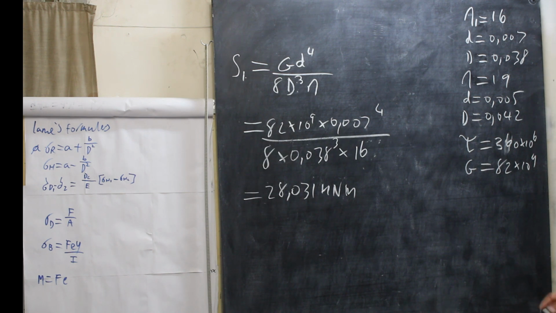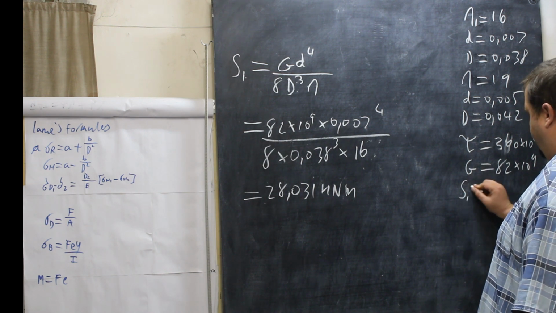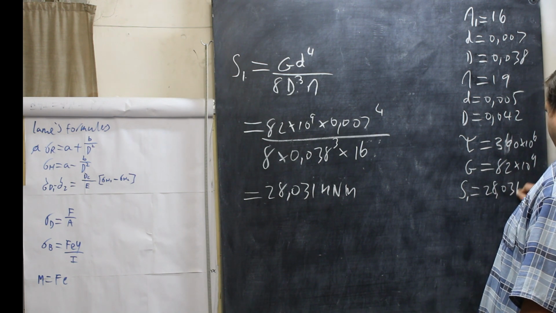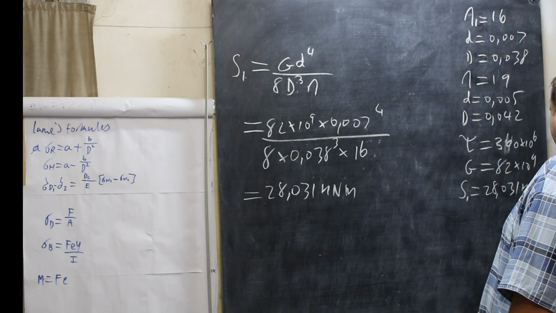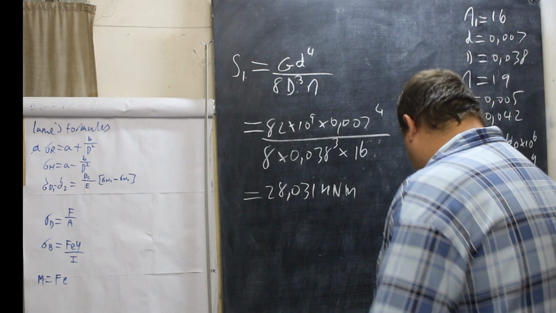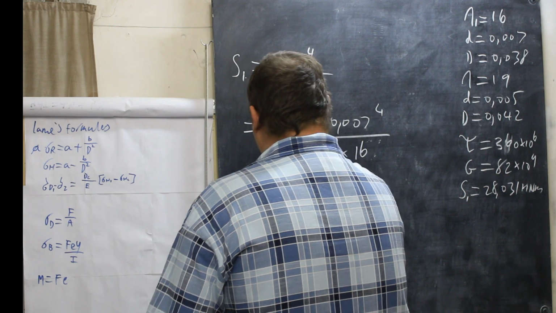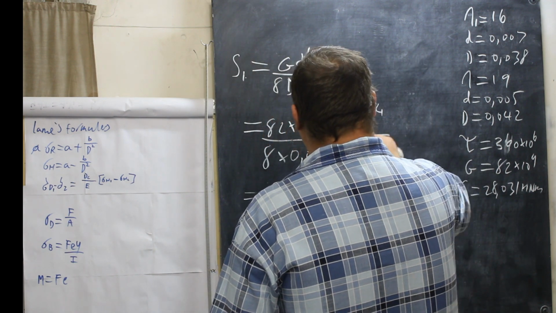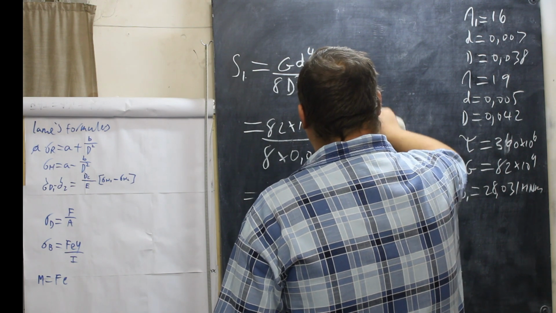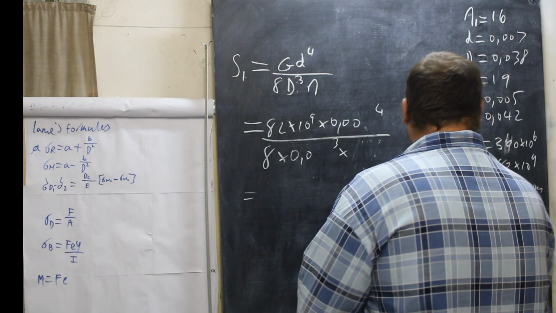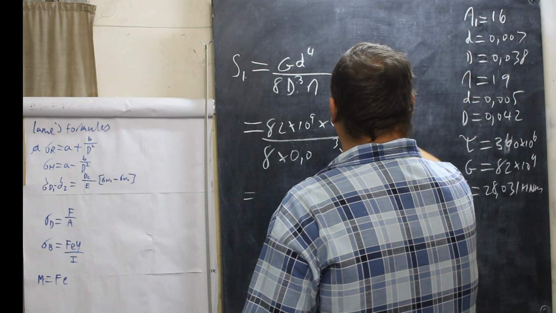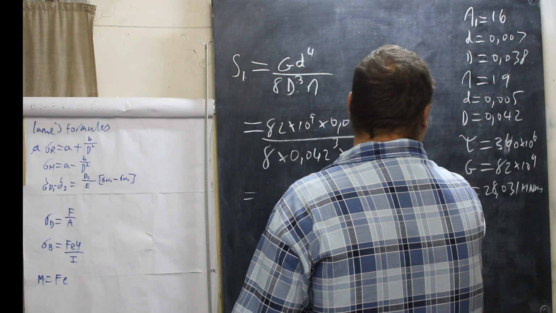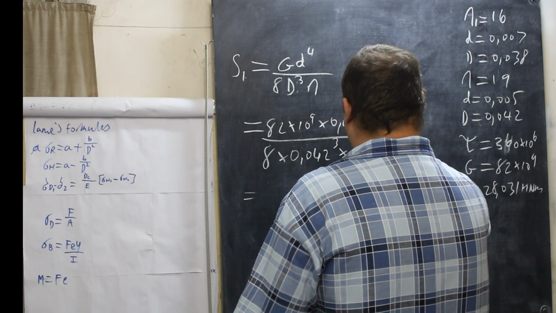Right, that's S1. S1 is 28,031 kilonewton meters. Now for S2, all we have to do is take this away, and take that away. It's exactly the same, except this d is 5, that is 42, and this is 19.